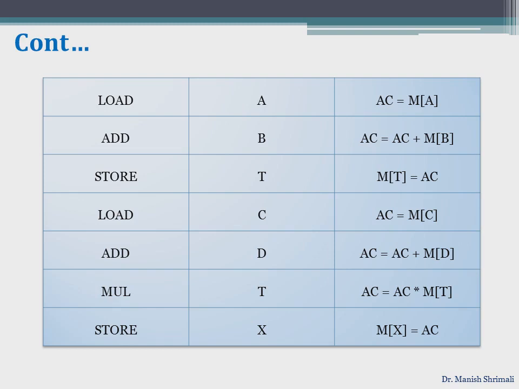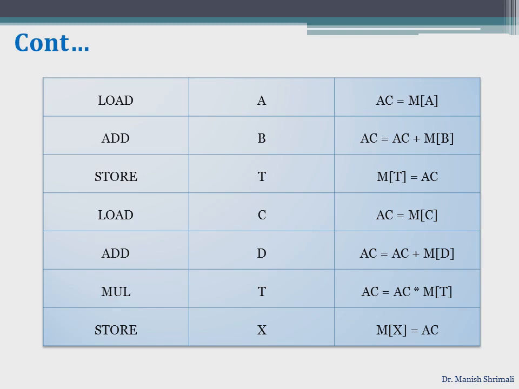It is followed by the instruction multiply, where now our accumulator is pointing to the memory location C, which is multiplied by the memory location T. So this is the whole result.